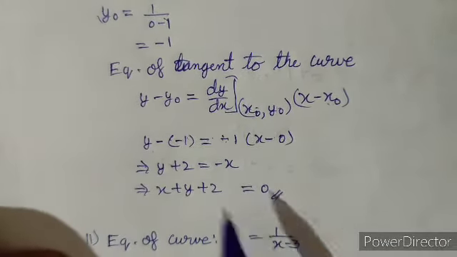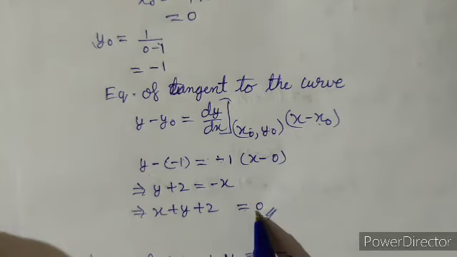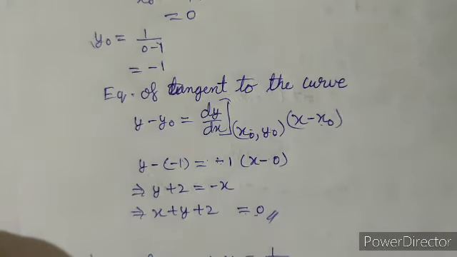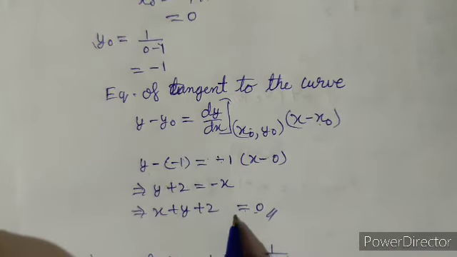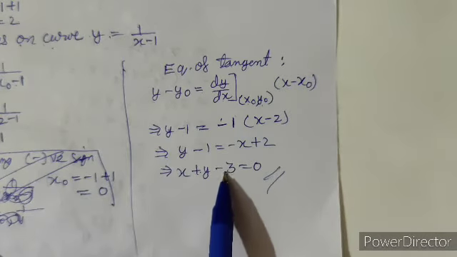And that will give us the equation of the tangent as x plus y plus 2 equal to 0. Therefore, we are getting two tangents which satisfy the given relation. One is x plus y plus 2 equal to 0 and another one is x plus y minus 3 equal to 0.